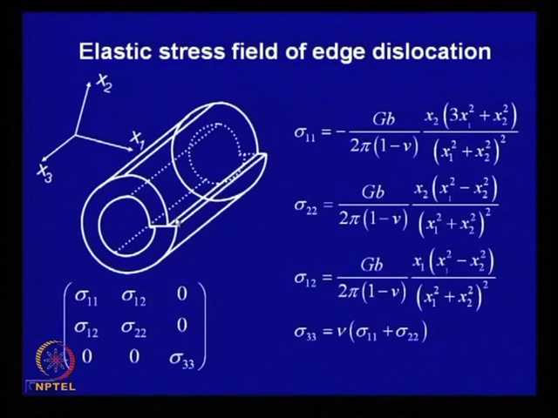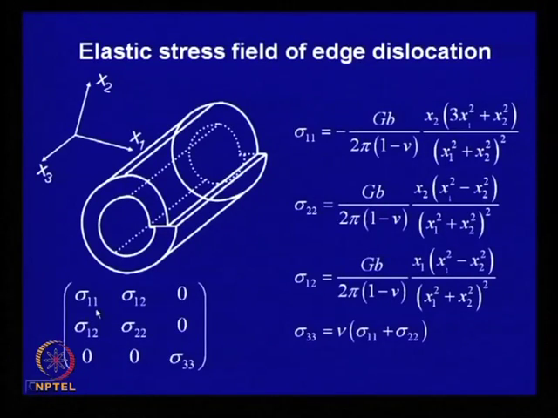So, here the step, unlike the screw dislocation, is on this face here, but here also we assume that it is a hollow core, and we will not repeat any calculation for the hollow core. If you do this, you will find that the stress field is like this.